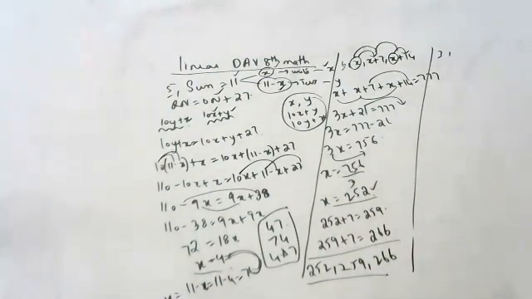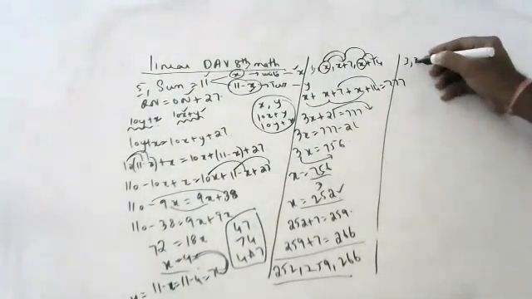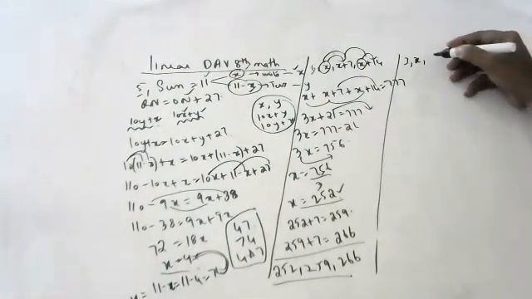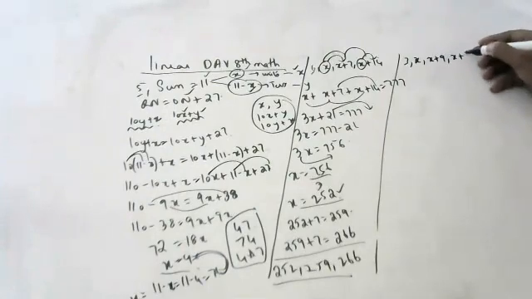Okay, next. Surya, the sum of three consecutive multiples of 9 is 999. Can you tell these three consecutive multiples of 9? Surya. Sir, x, x plus 9, x plus 18.